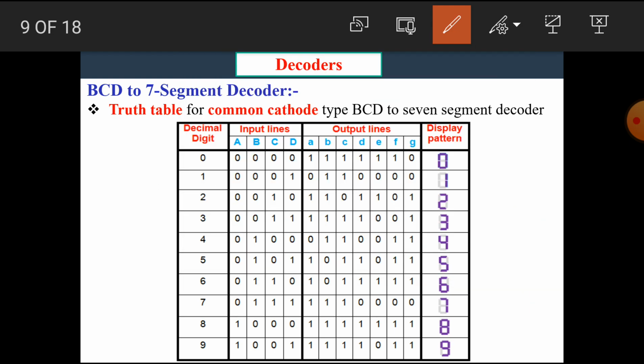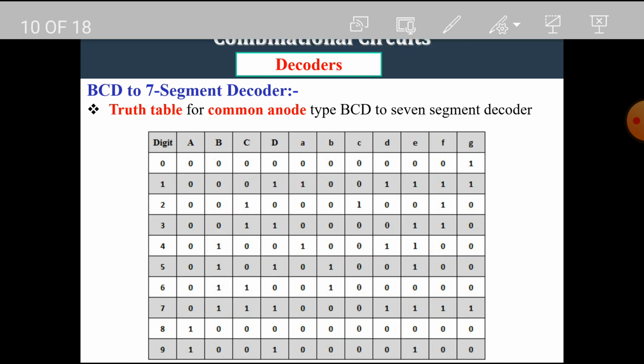Similarly, we can display any number like this. For example, consider the number 8. In 8, all the segments need to be on, that means A, B, C, D, E, F, G. All the segments should be 1. This is the truth table for the common cathode type display.